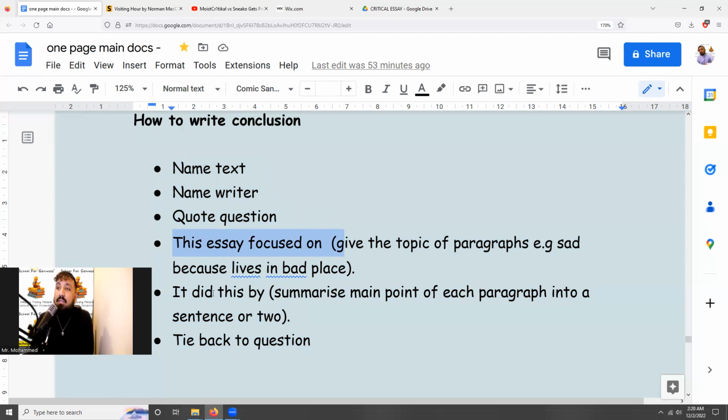And then the conclusion is going to summarize the main point or points that were made in each of your main body paragraphs. Now, you're most likely going to get each of these points from the point after your analysis.